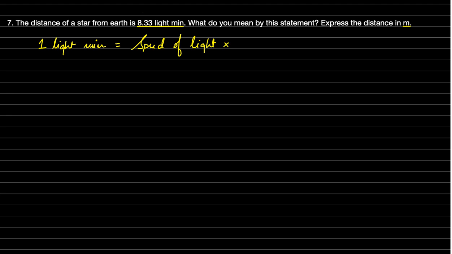into 1 minute. So speed of light can be written as 3 into 10 to the power of 8 meter per second into 1 minute in seconds, which is 60 seconds. This came from the formula distance is equal to speed into time.